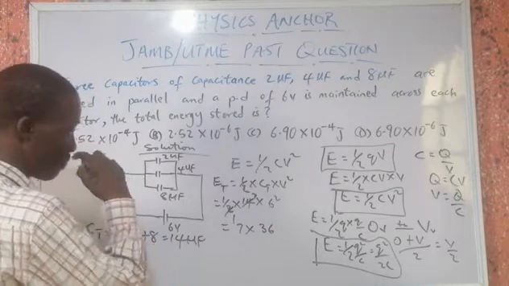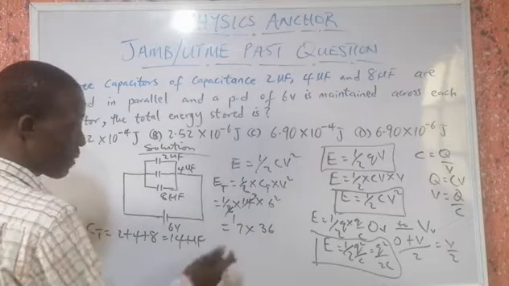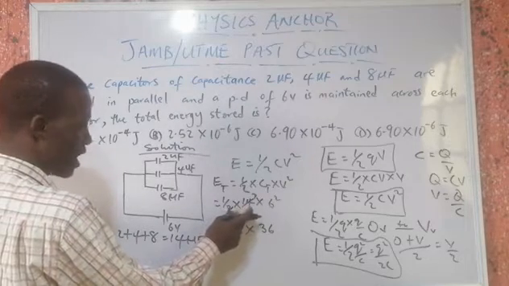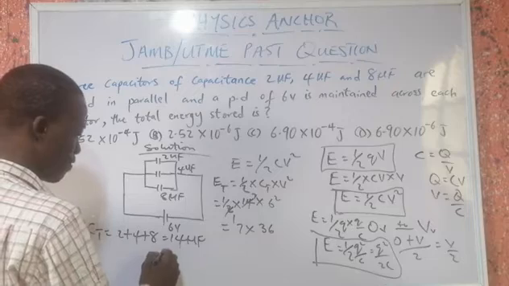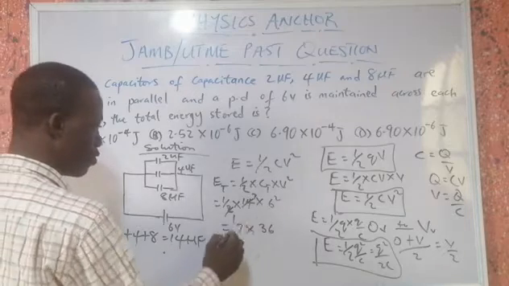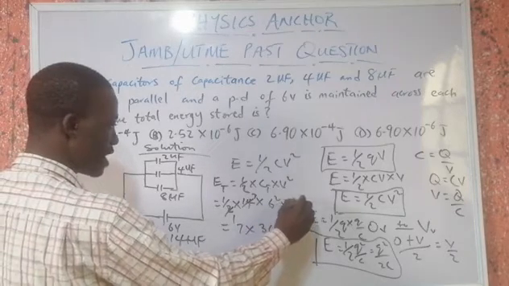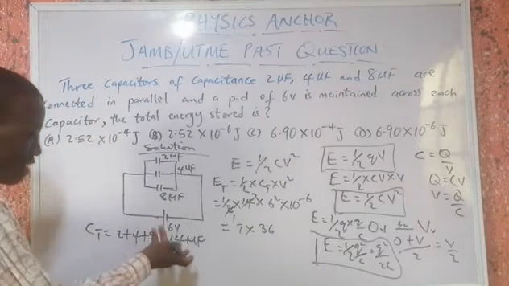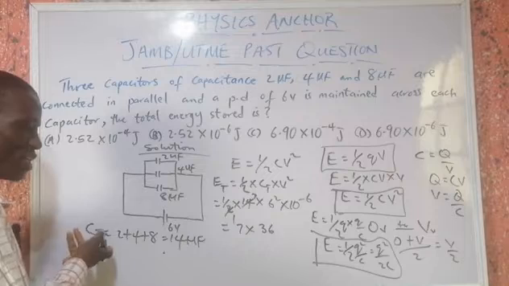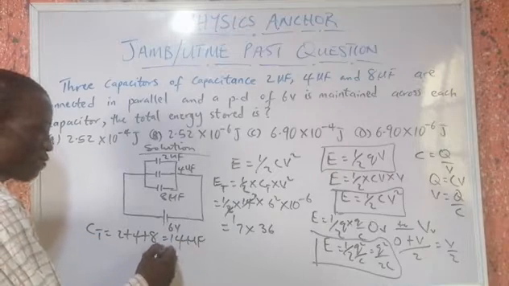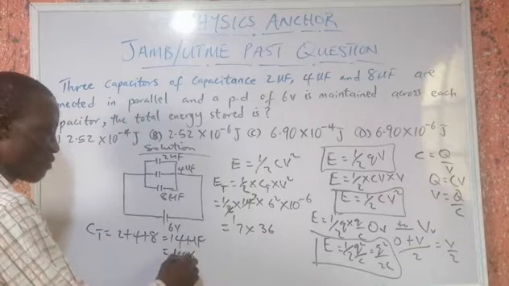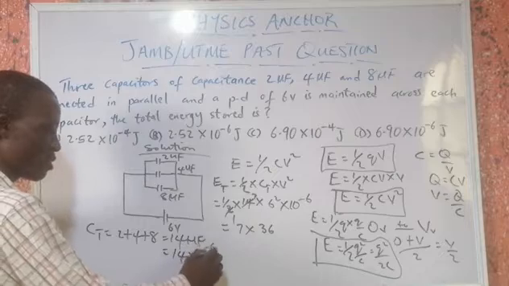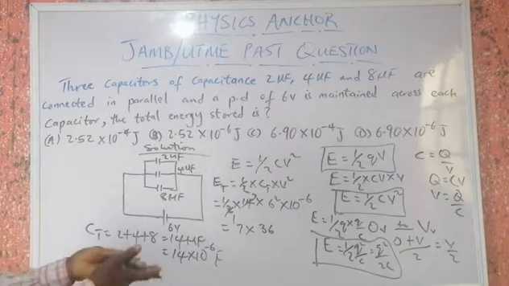Don't forget that the capacitance we're actually using here is 14 microfarad. So to use it in farad, it is going to be times 10 raised to power minus 6, because the unit of capacitance must be in farad. So if we have 14 microfarad, we're actually using 14 times 10 raised to power minus 6 farad.